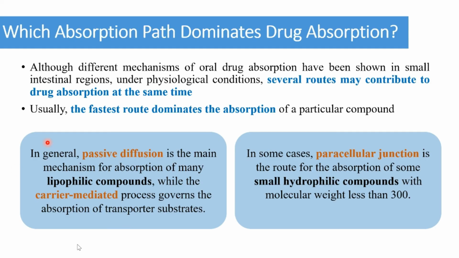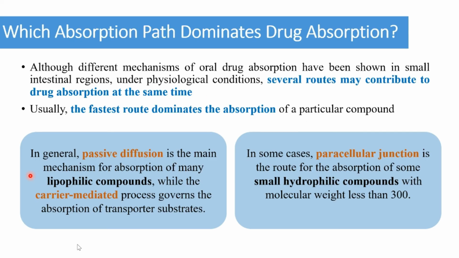But usually the fastest route dominates the absorption of a particular compound. So even though a drug has multiple membrane transport mechanisms, the fastest route will dominate the absorption of the drug in the membrane of the absorption site.